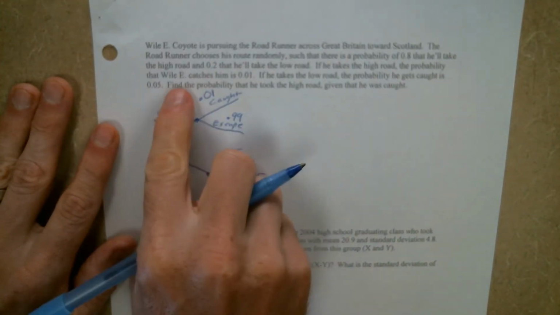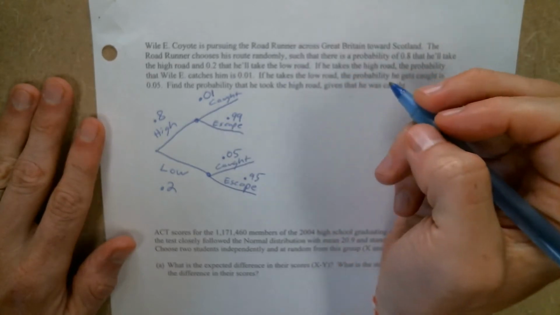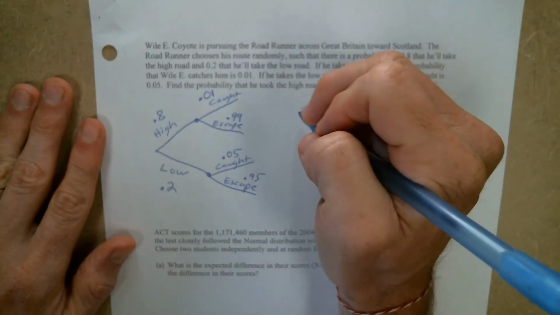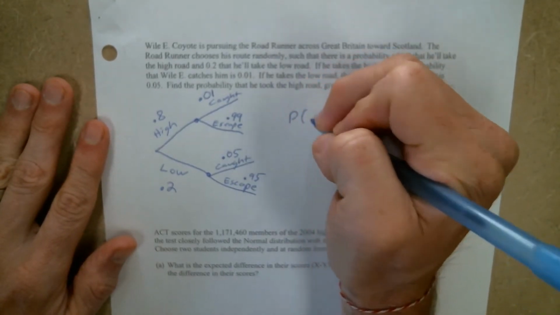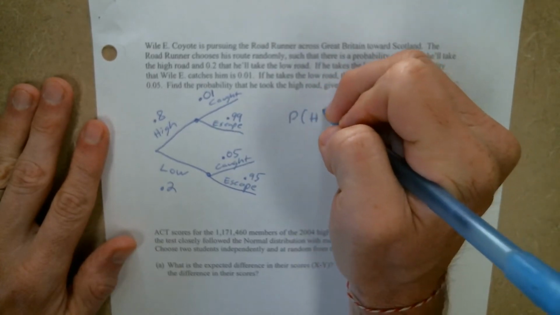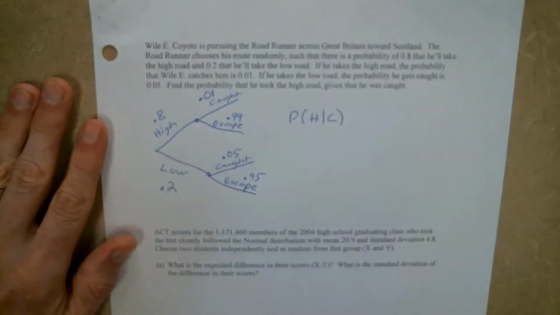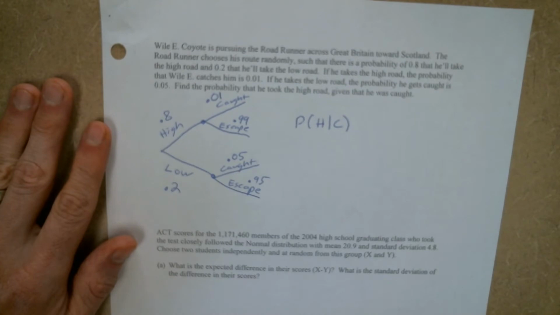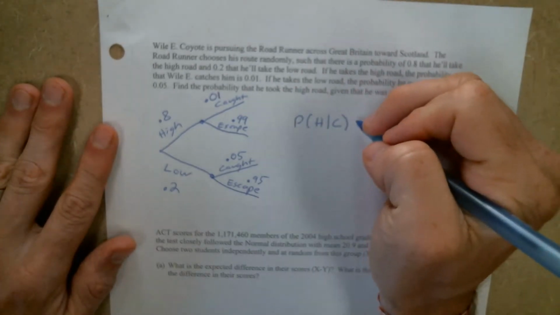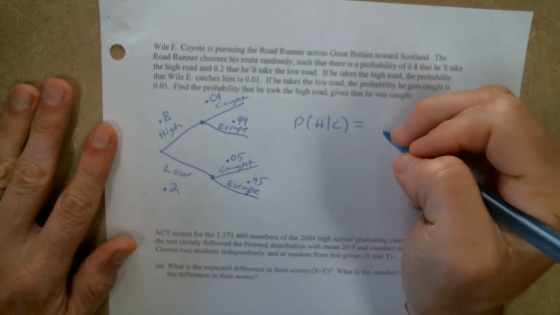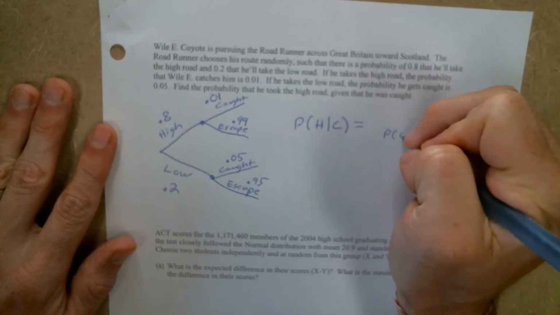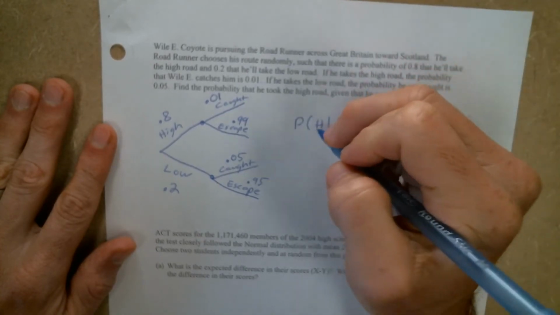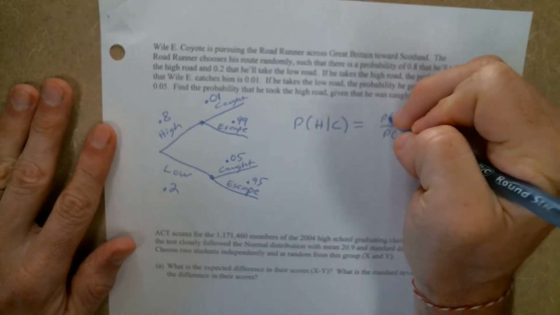All right. Find the probability that he took the high road given he was caught. So this is the probability of the high road given he was caught, which then requires our conditional probability formula, which takes the given and puts it at the bottom of our fraction, so the probability of being caught, and the top of our fraction is these two ANDed together.